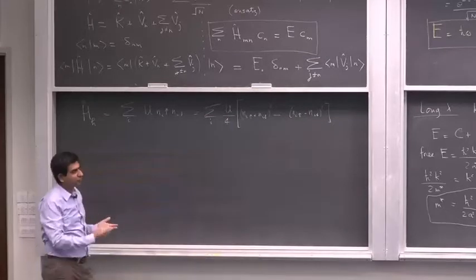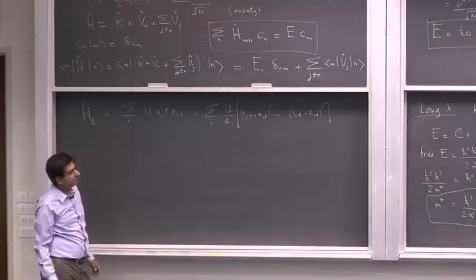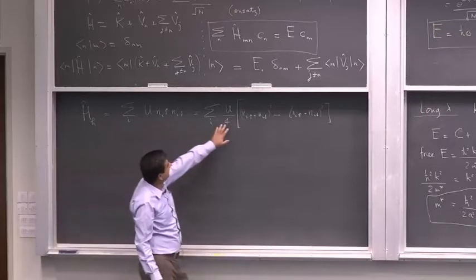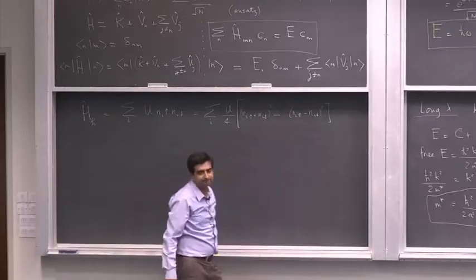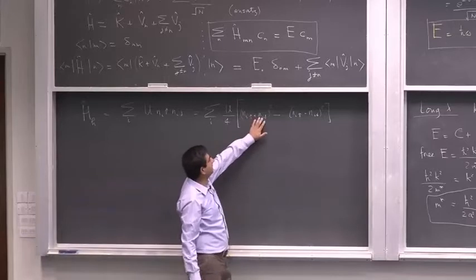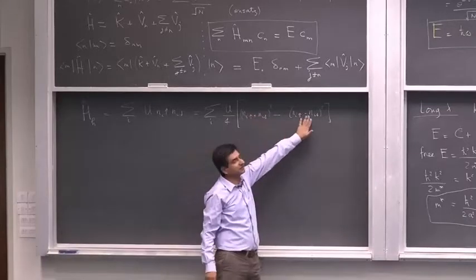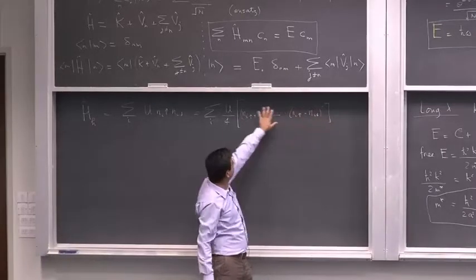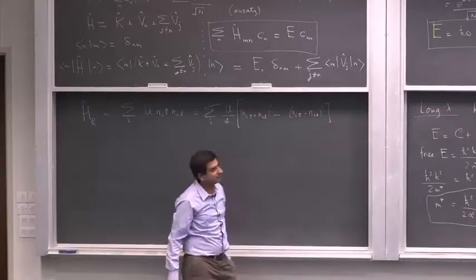I just do an algebraic manipulation. This is alpha squared plus beta squared plus 2 alpha beta, and this is alpha squared plus beta squared minus 2 alpha beta. So if I construct this sum, I get this.